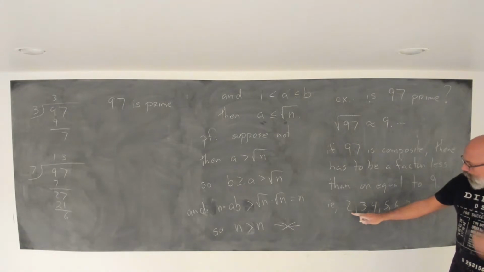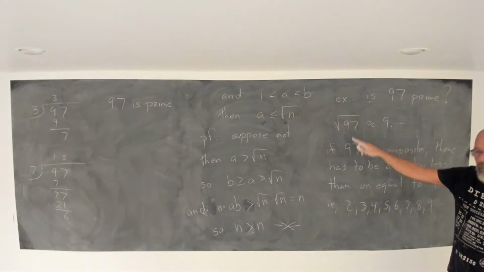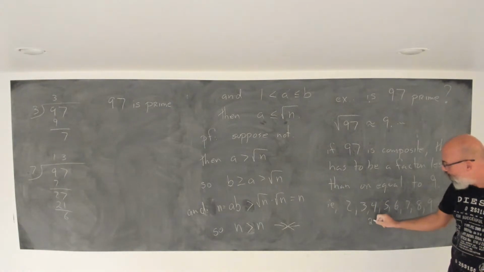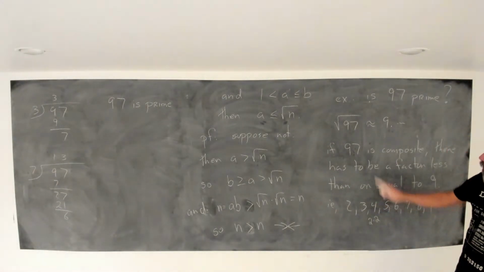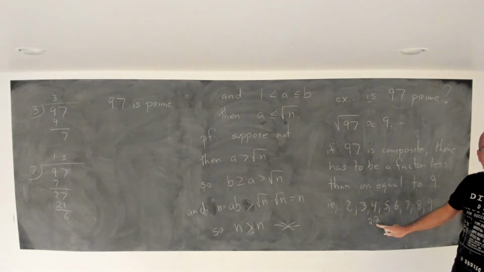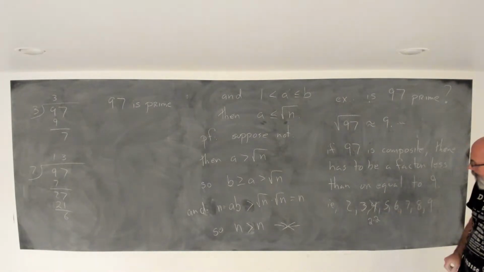Suppose 2 did not divide 97. Well, in fact, it doesn't. It's impossible that 4 is going to divide because 4 is actually 2 times 2. So if 4 divided 97, then 2 would have been a factor as well. So we don't need to consider 4.